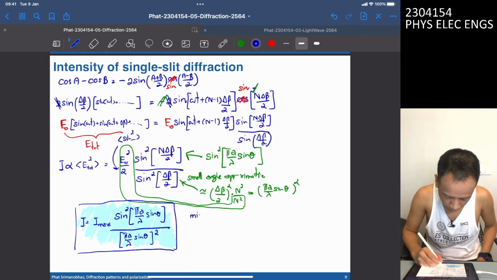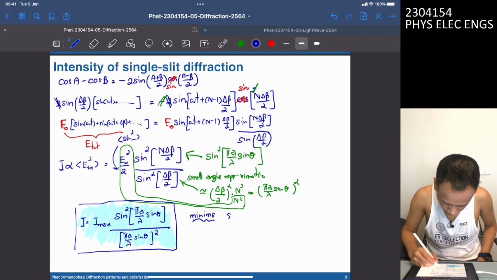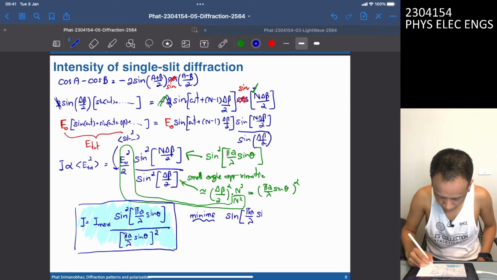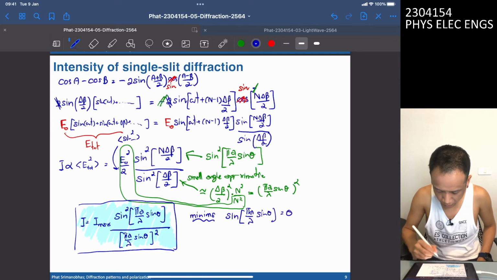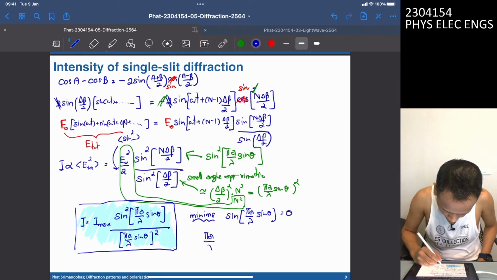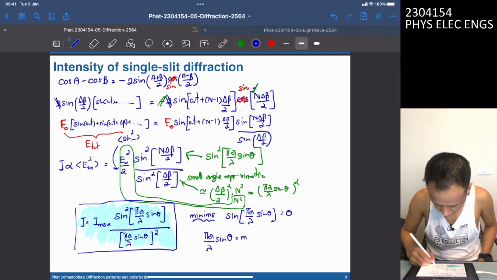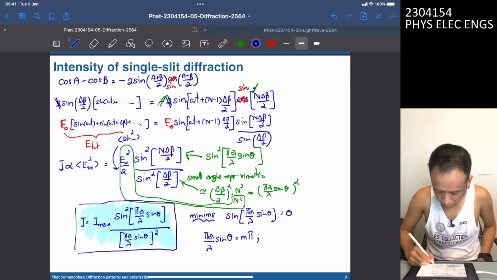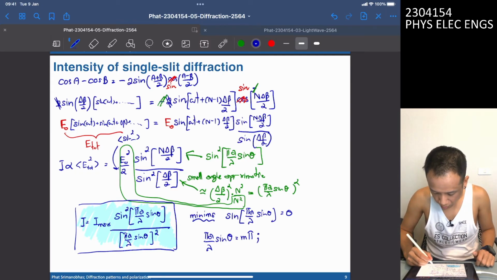So if you're talking about the minima, you get sine of pi a over lambda sine theta becomes 0, or pi a over lambda sine theta equals m pi, and you can write m equal to 0, 1, 2, 3, whatever.